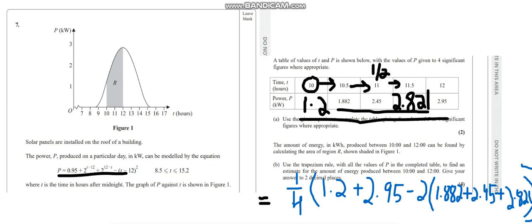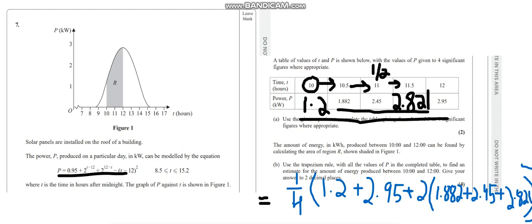Simplifying everything, half into height, which was half, so half into half will give us a quarter, or 1 upon 4, then plugging in the initial value 1.2 and the final value 2.95, and adding 2 into whatever the values are between the first and the final value.